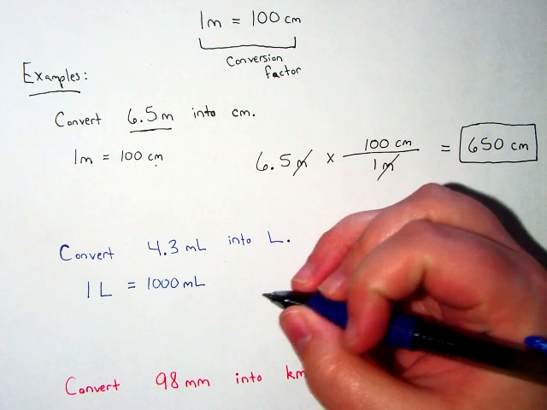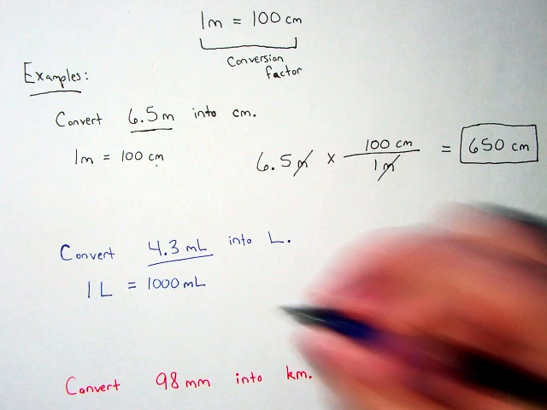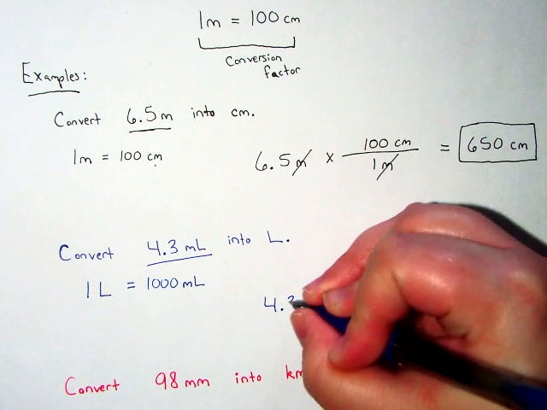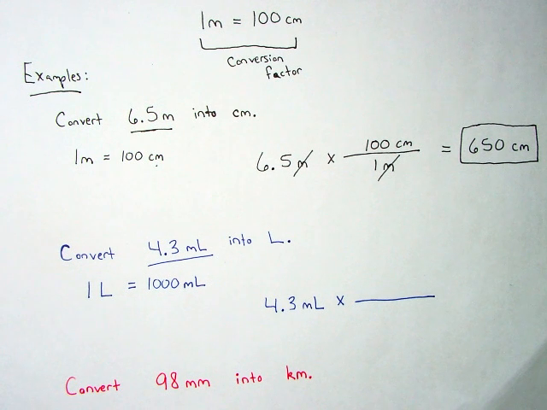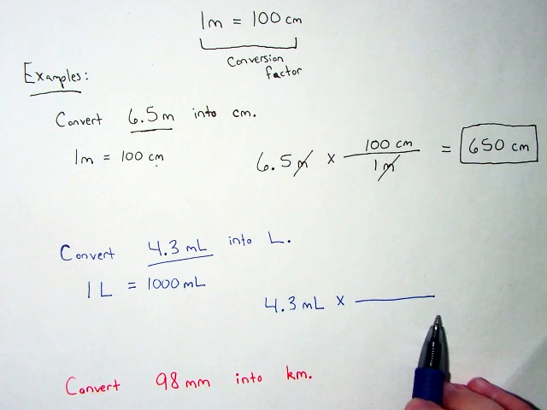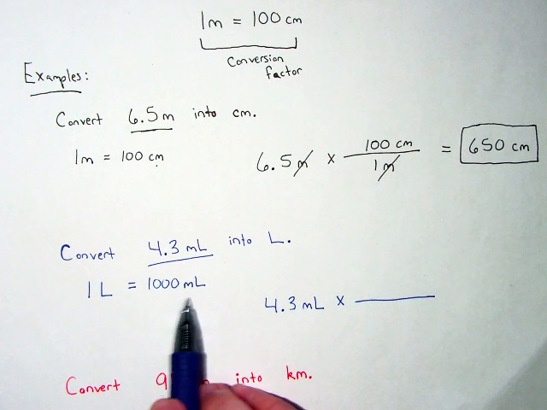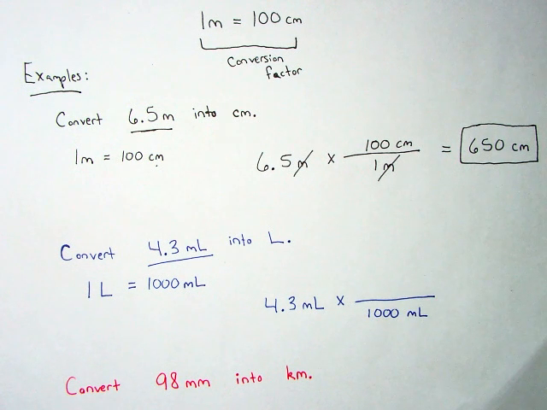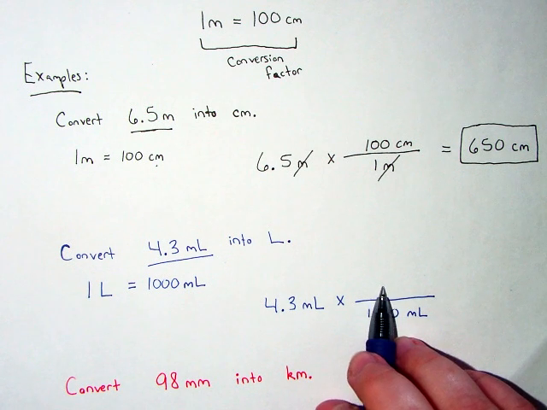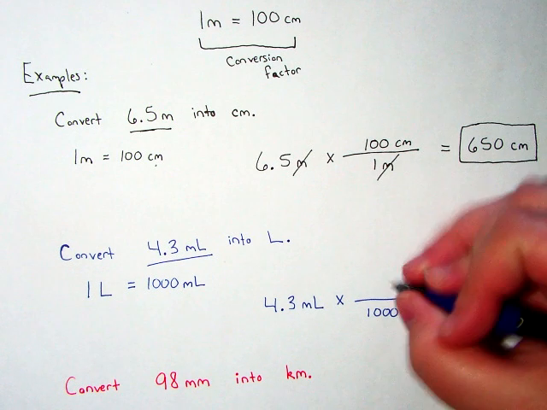Alright, so let's plug this in. I'm given 4.3 milliliters. 4.3 milliliters times a fraction. I have milliliters on the top here, so I want to put milliliters on the bottom. Okay? 1 liter equals 1,000 milliliters. I want to put 1,000 milliliters on the bottom. Top, bottom cancel. I'm going to put what I want on the top. I want to convert into liters. So 1 liter goes on the top.